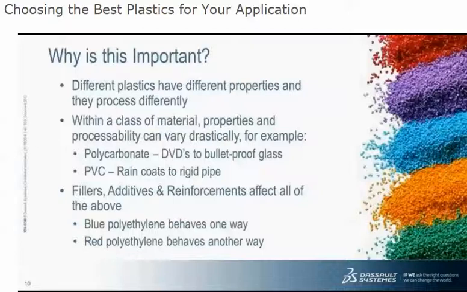Now, we add fillers, additives, reinforcements on top of all of that. They affect all of those things, even down to the point where if I take the same plastic and make it two different colors, I can get very different materials. So blue polyethylene, for example, may behave very differently from red polyethylene. And that's just due to the nature of the colorant that gets added to the material.